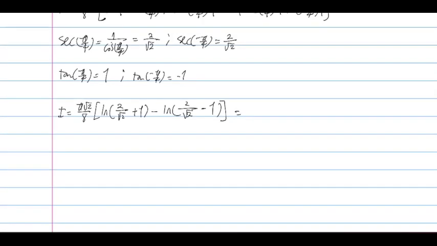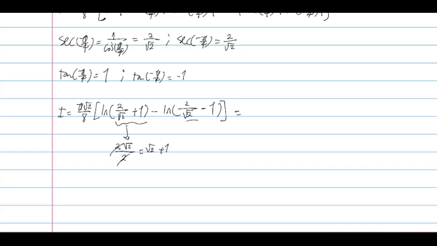So we can just rationalize this and then combine the logs together. So 2 over root 2 is 2 root 2 over 2, because if we rationalize the denominator, this is just root 2. Plus 1, great.